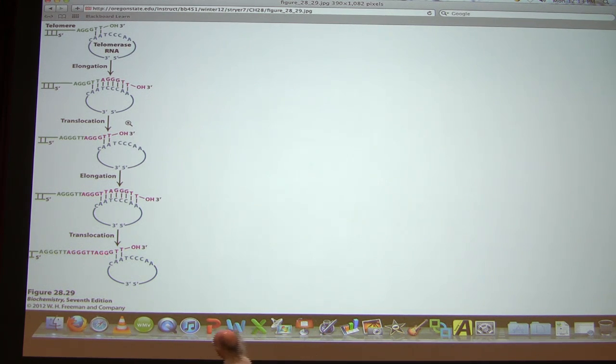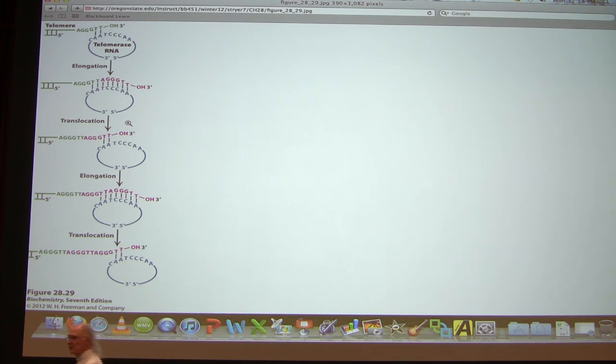And if we get this guy long enough, then a primase can say, oh, I'm going to start and go back this direction, and it starts filling in the other strand. So as a consequence of this telomerase, we can lengthen one of the strands quite easily, and then we rely on a primase to start making a short primer, and then DNA polymerase can extend it, and as a consequence, this 5' end keeps moving out further and further and further.